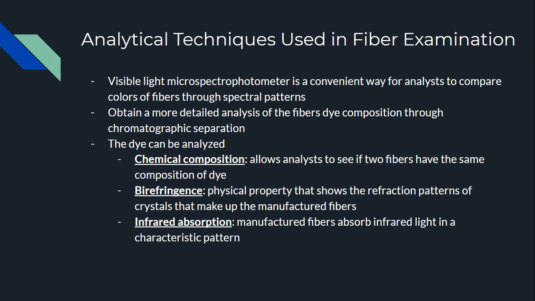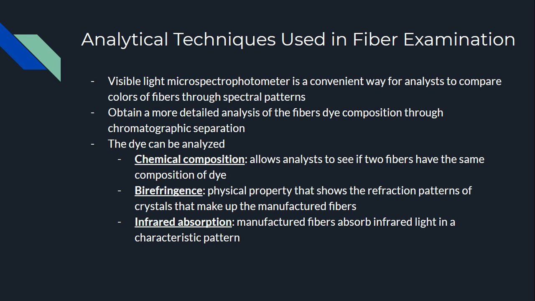It's a convenient way for an analyst to compare colors of fiber through different spectral patterns. When you say, I have a red shirt, it's not really just made of red. There are a lot of other colors of dye in there to help design that red color. The visible light microspectrophotometer helps break apart those spectrums to determine which pattern is used to make that color.